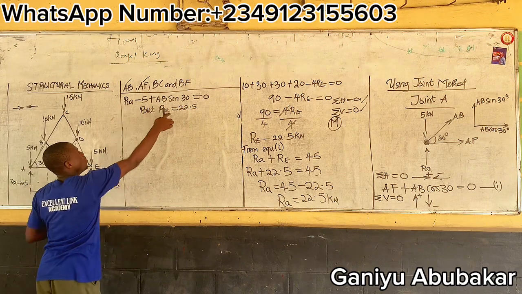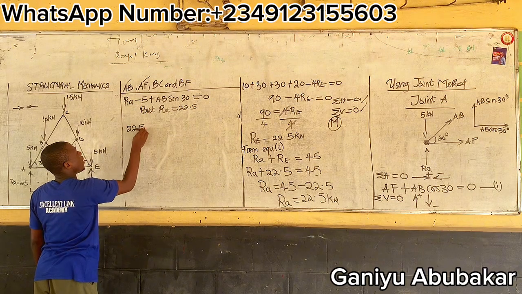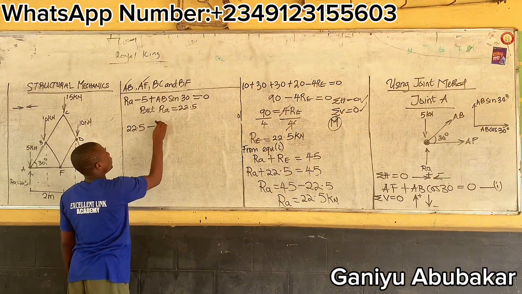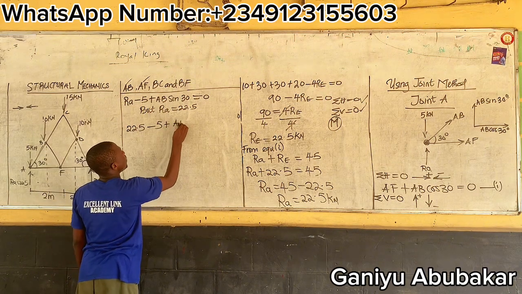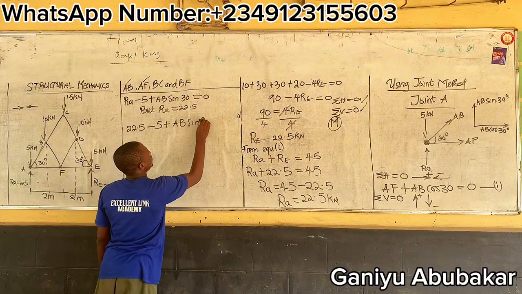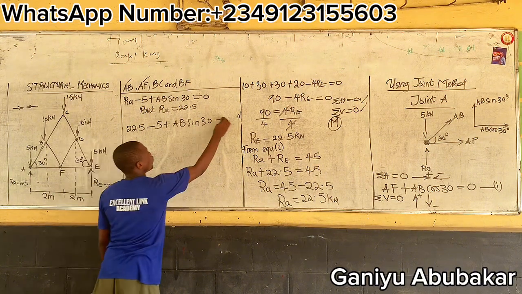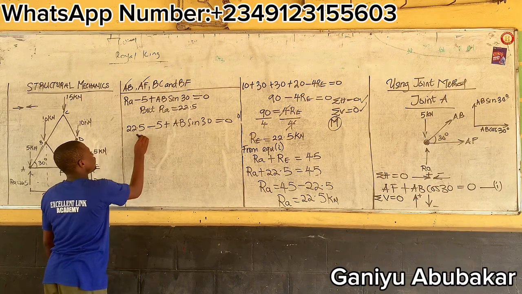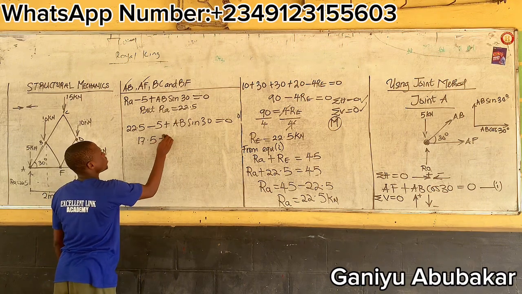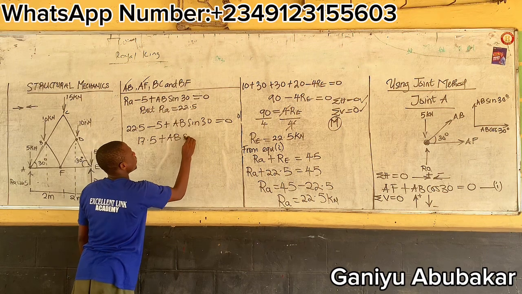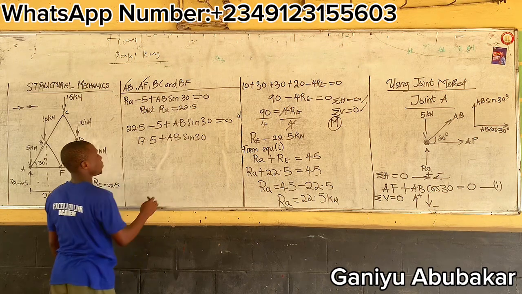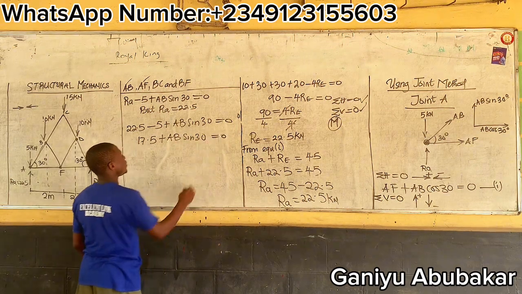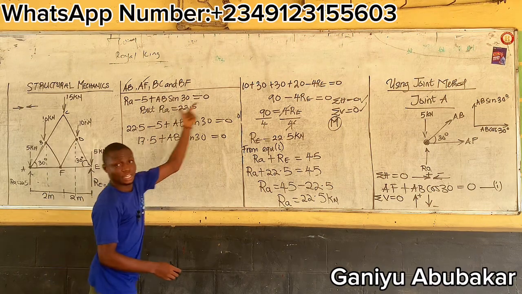What's RA now? 22.5 minus 5 plus AB sine 30 equal to 0. So I have 17.5 plus AB sine 30 equal to 0. If I want to, I can take this one here.